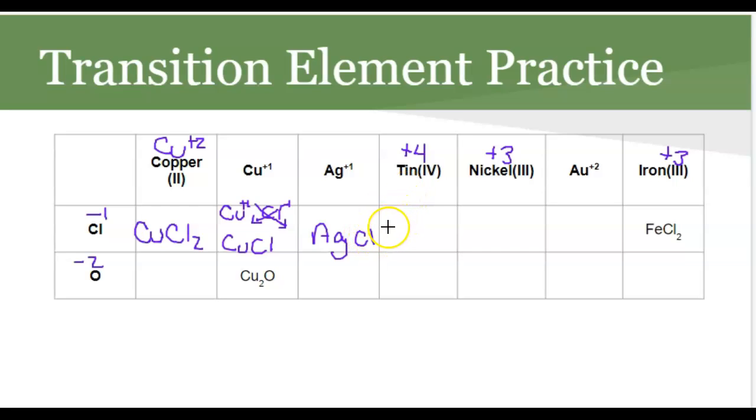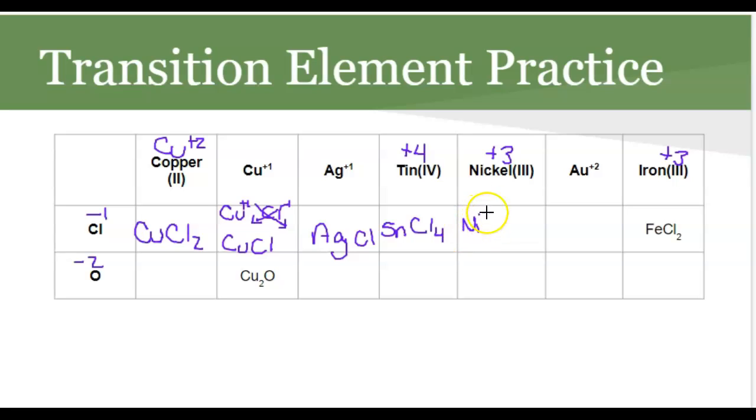Tin has 4. So tin as an element symbol, I need to look up because I never remember, but it's Sn. It's one of those weird ones, right? Has a +4 charge. So that means I'm going to end up needing 4 chlorines to balance that out.